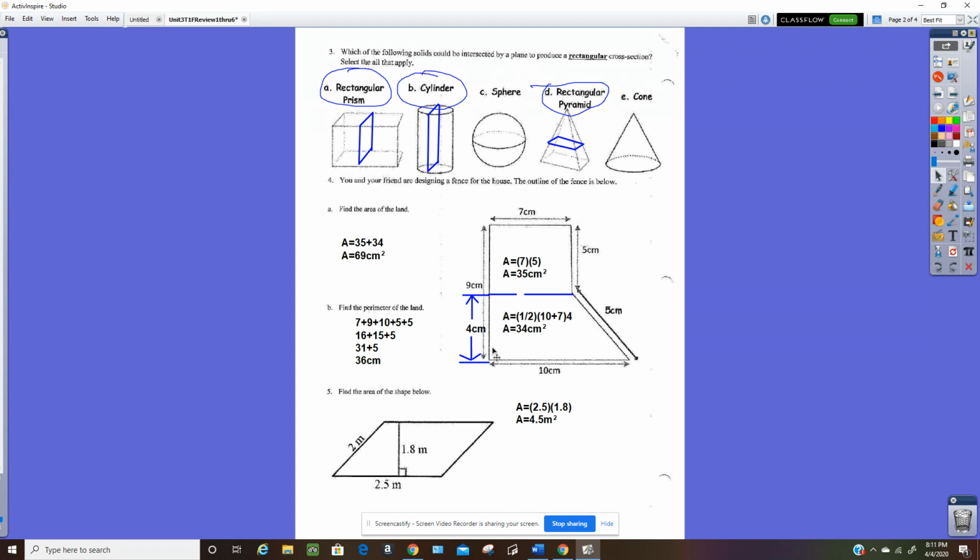And then the bottom one is a trapezoid, where one of the bases is 10, the other one is 7. And then this height would be 4 because this whole thing is 9, and this piece is 5. So 9 minus 5, that makes this height here 4.